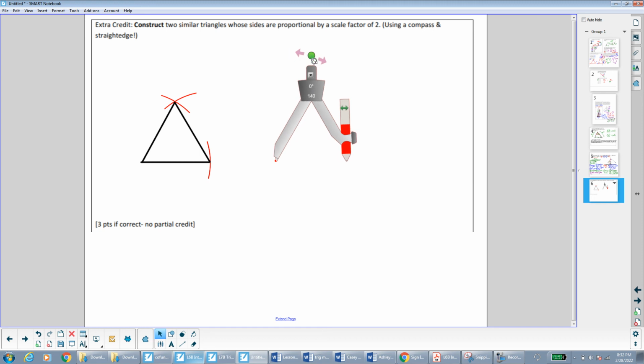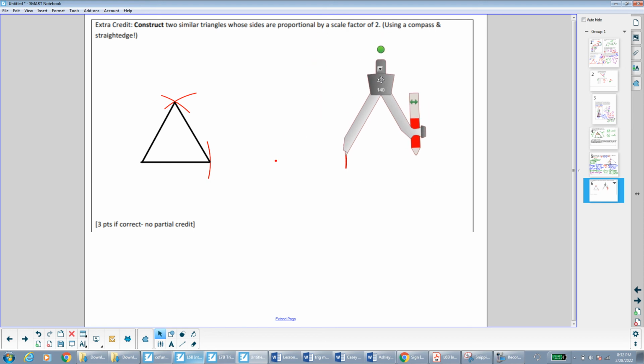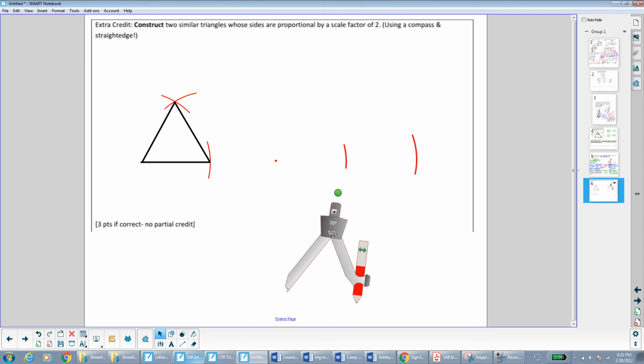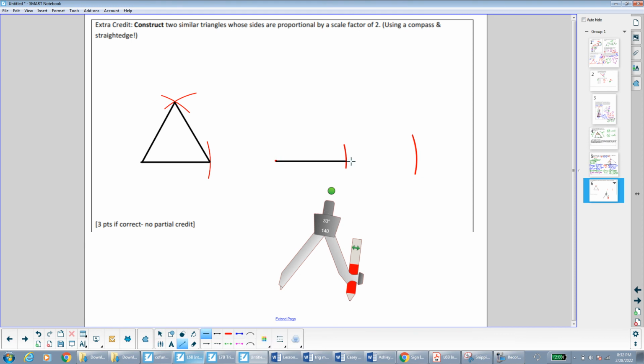So I'm just going to make an arc, and I'm indicating that that is one side of the triangle, but I want to double that. So then I'm going to move my compass over here, and I'm going to put the length again. And that should be double. Should be exactly double. Starting at the point, I'm just going to draw a line segment.